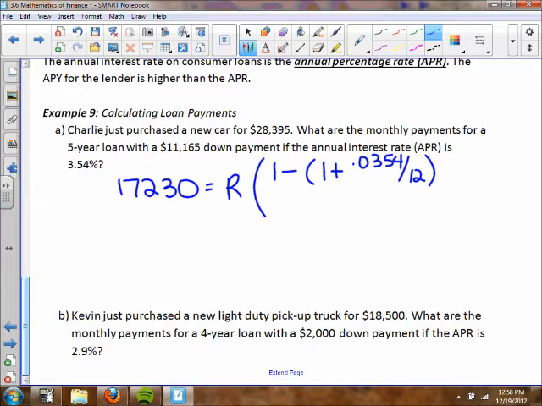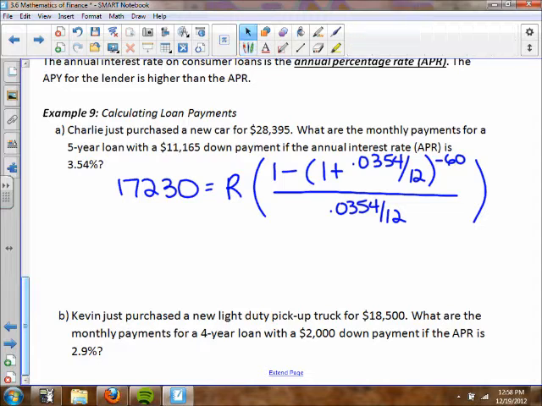How many payments is Charlie making over the life of the loan? He is making 60 payments, 12 payments a year for 5 years, 60 payments. So you want to put negative 60 there, and then 0.0354 divided by 12. Now here's how I would compute this answer. I'm going to figure out all that stuff on the right side in the calculator.